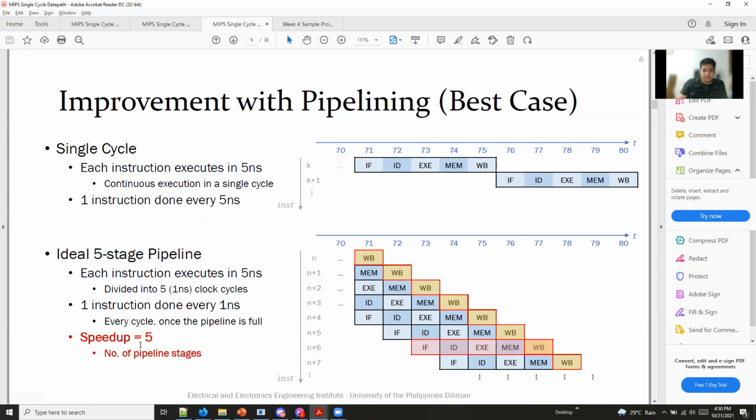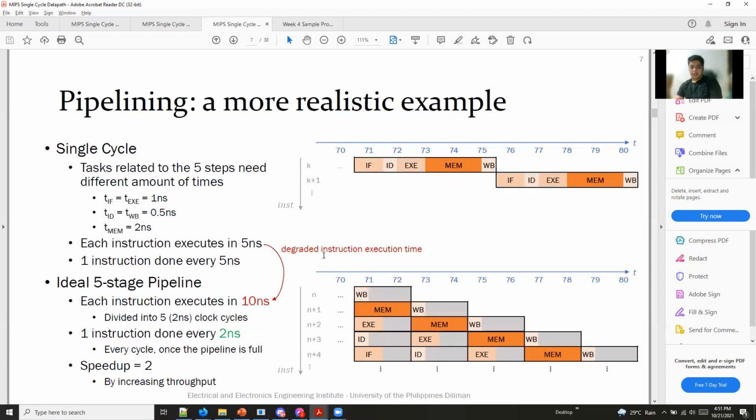So, yung speed up natin is, if i-compare mo yung speed before sa speed ngayon, 1 instruction per 5 nanoseconds compared to 1 instruction per 1 nanosecond is speed up of 5. Although yun yung ideal, meron tayong mga non-idealities.